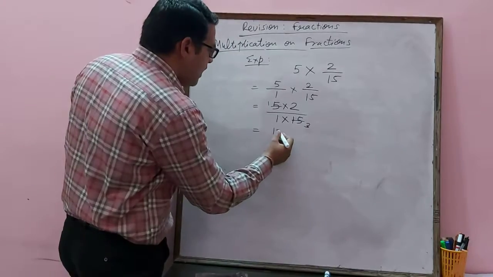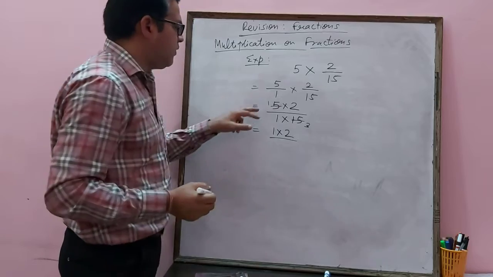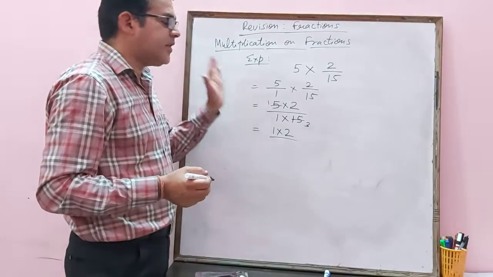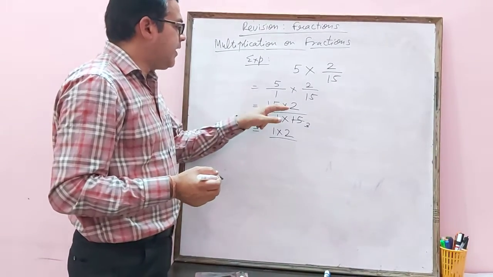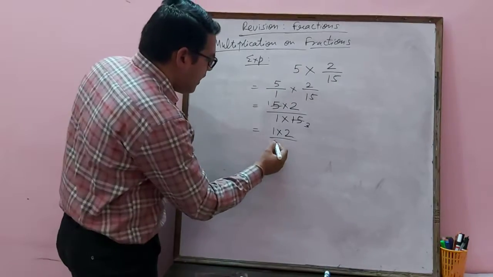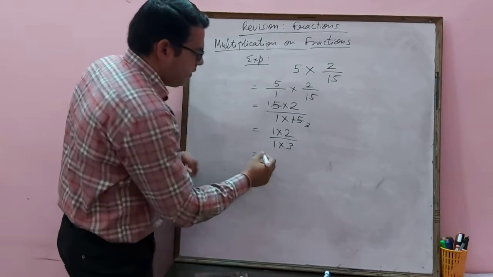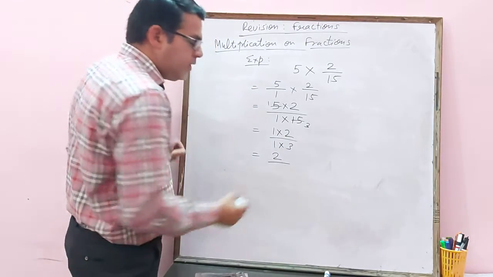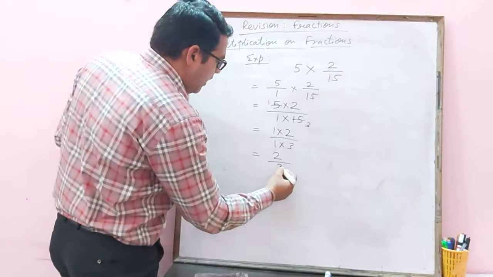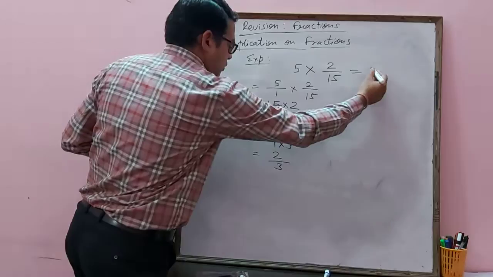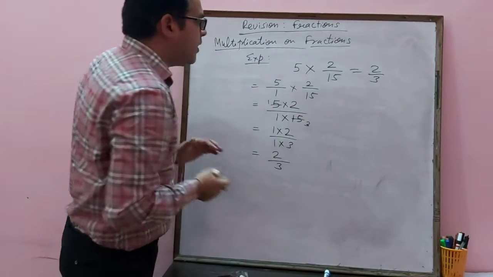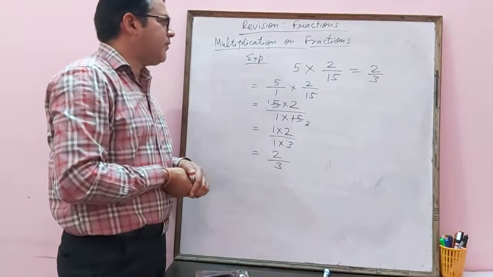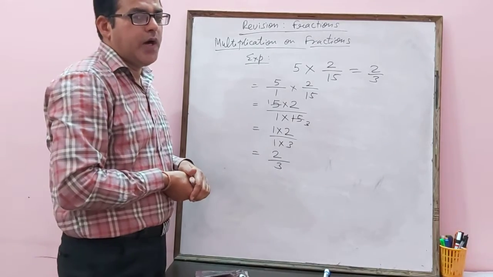So now what are we left with here? Here we are left with 1 instead of 5, since we removed 5, and 2 in the numerator, and downside 1, and here we have 3. Now 1 into 2 we have 2, and 1 into 3 we have 3. So we can say that 2 by 3 is the product of 5 and 2 by 15.